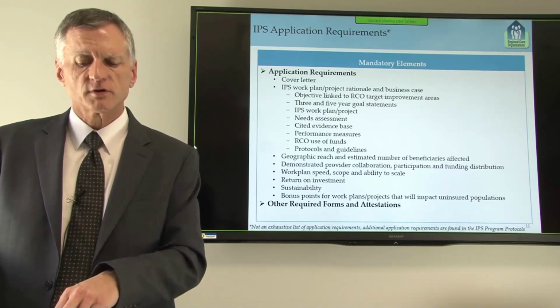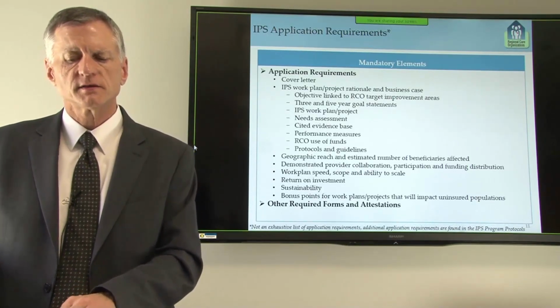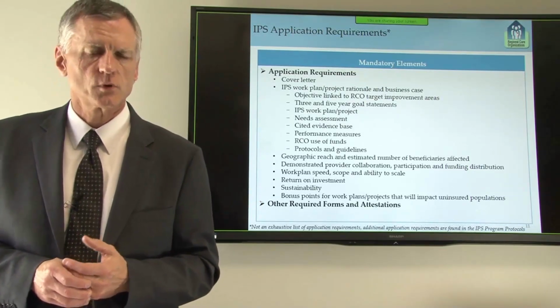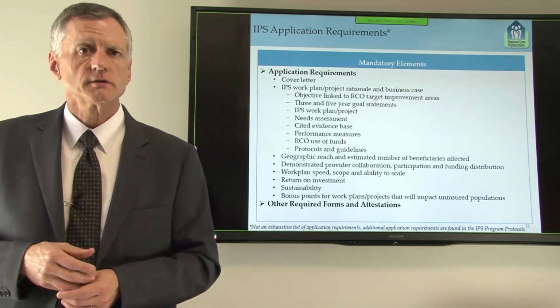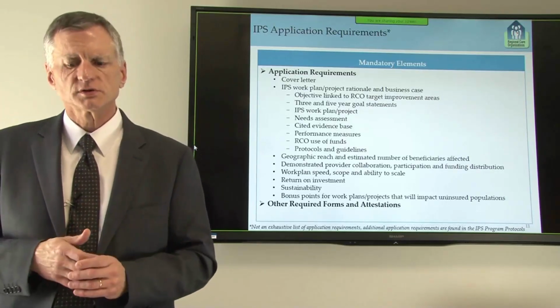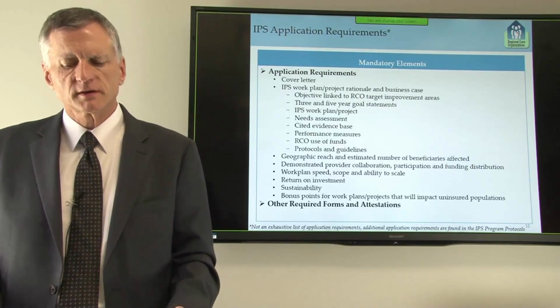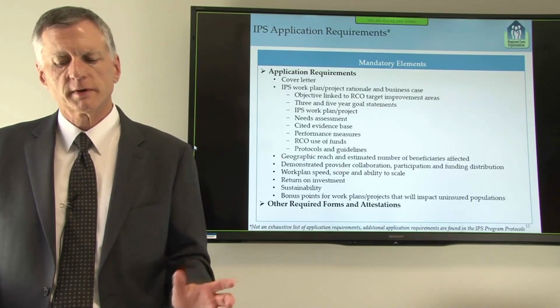Obviously, there might be a cover letter, then a work plan or project rationale, and the business case. You know, how does this make sense from a business perspective to carry forward, again, with an eye toward sustainability? How are you going to do this after the additional waiver funds go away? It does mention specifically that the objective must be linked to the RCO target improvement areas, as we talked about earlier.